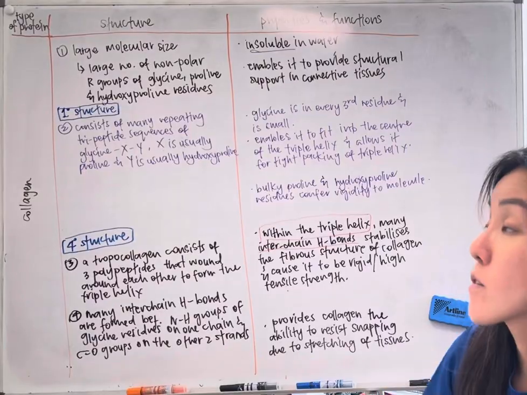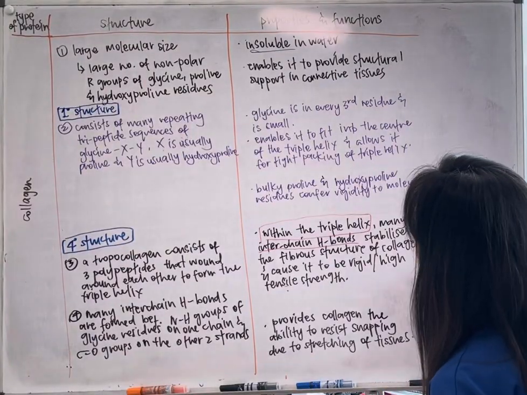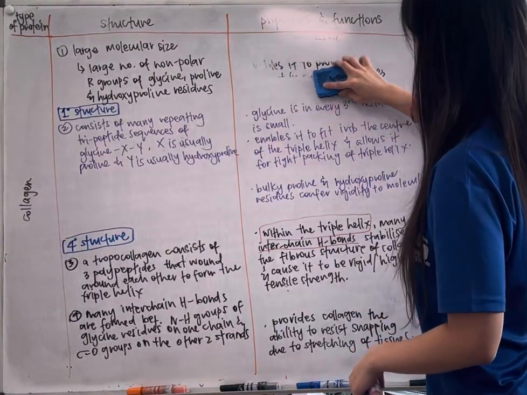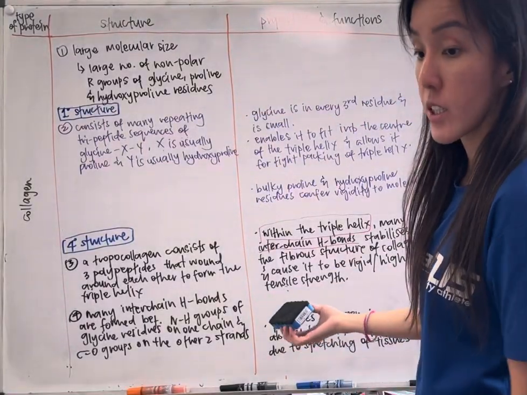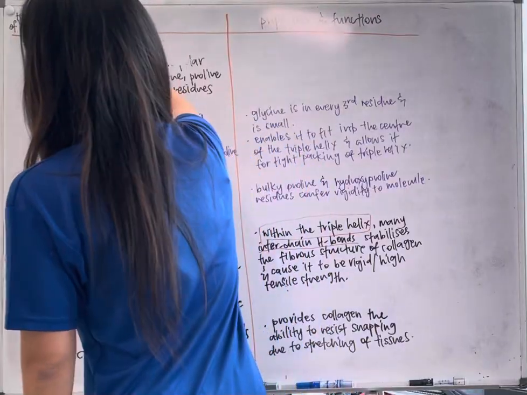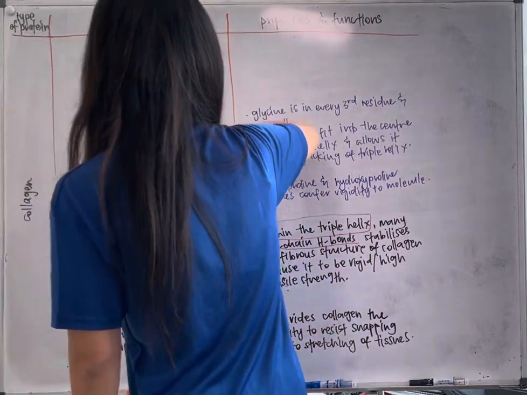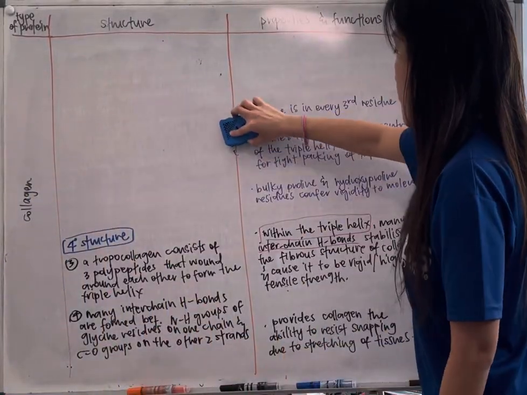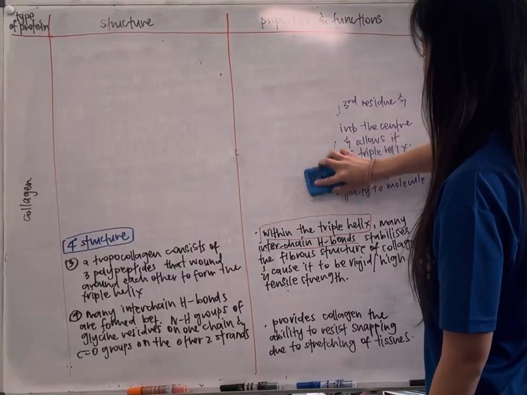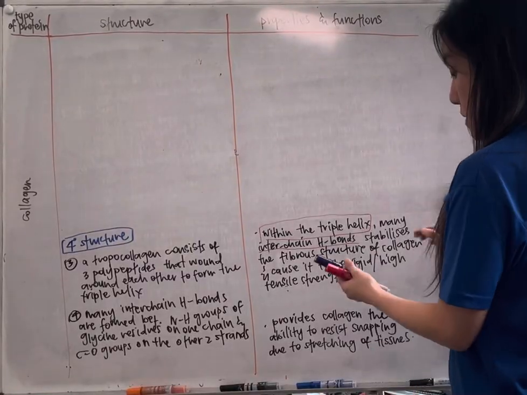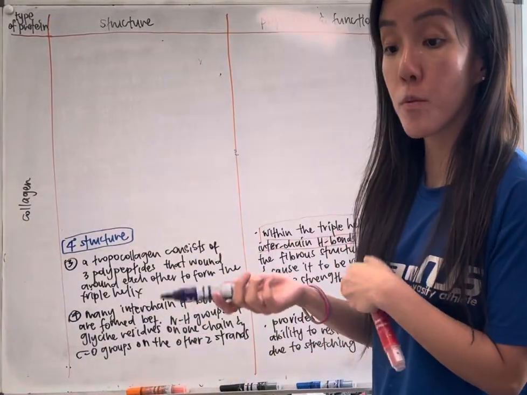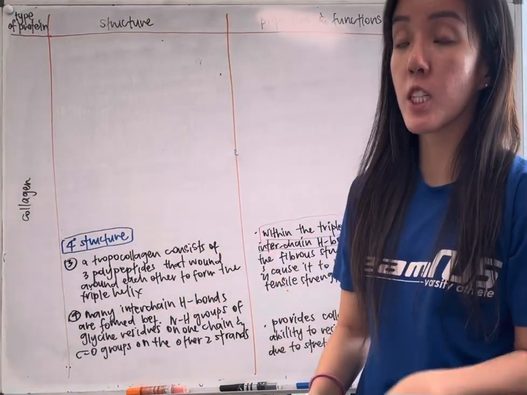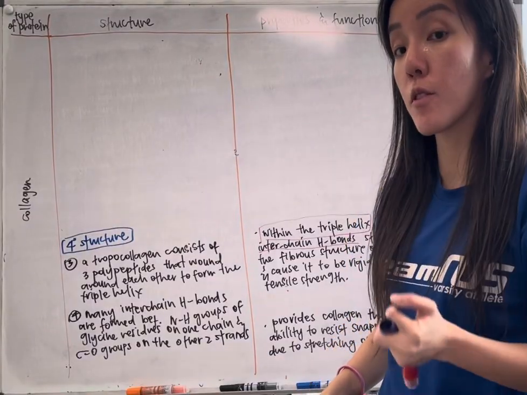Another one based on quaternary structure is another kind of structural feature we can discuss. For collagen, you have many tropocollagens. Imagine many tropocollagens, how do they bundle up to form fibrils?